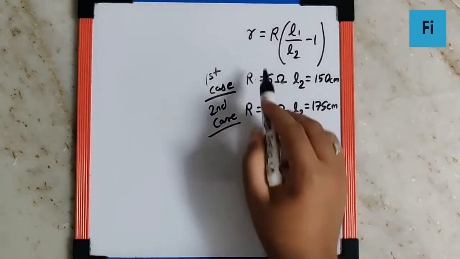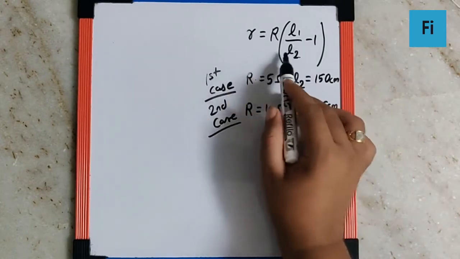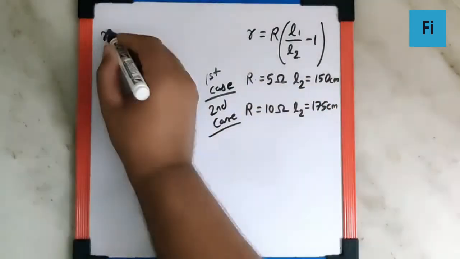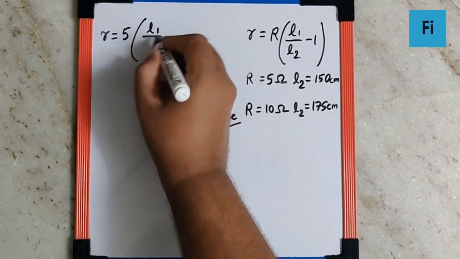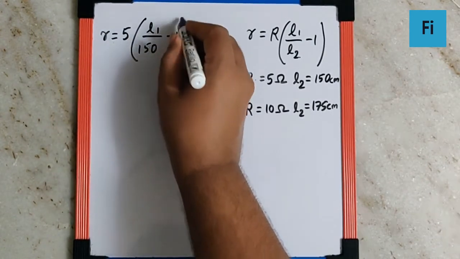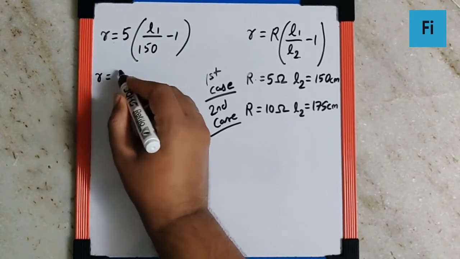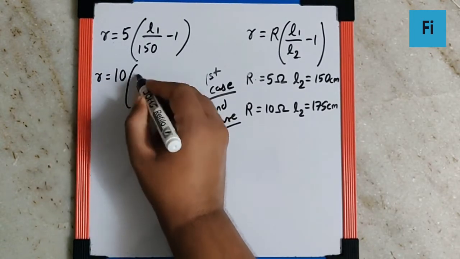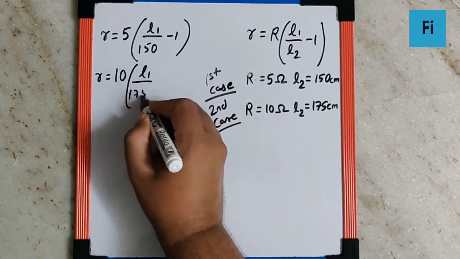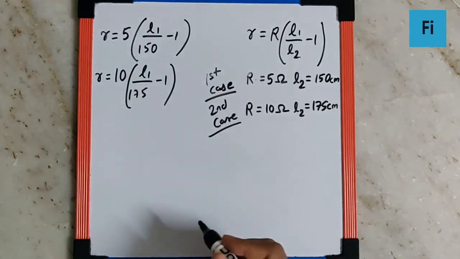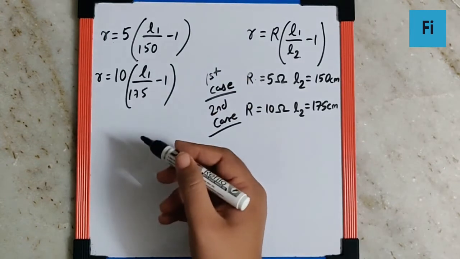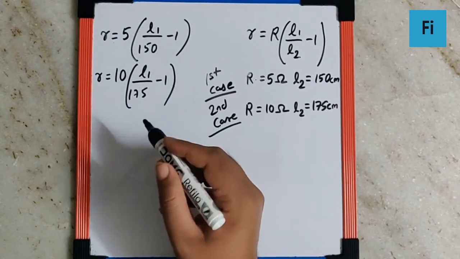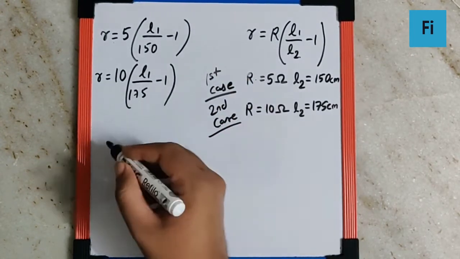So if I substitute these values for the two cases, we get the first case equation as r is equal to 5 times (L1 by 150 minus 1), and r is equal to, for the second case, 10 times (L1 by 175 minus 1). Now if we equate these two equations, we can calculate the length L1, which is the balancing length for the EMF of the cell.